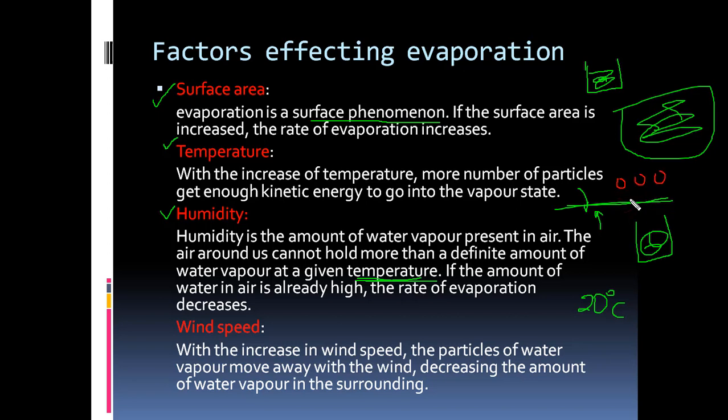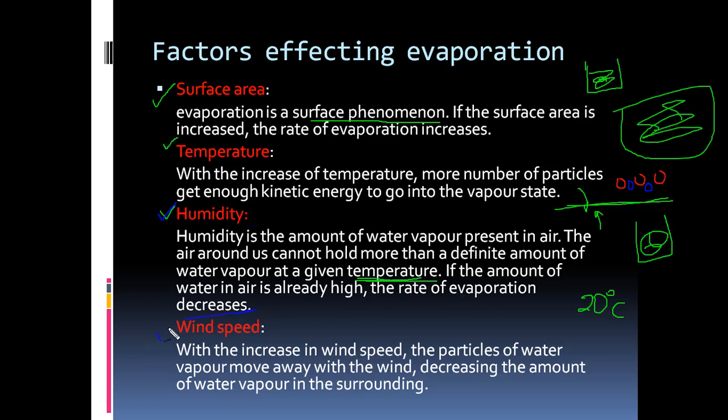When this water molecule is moving, it is occupying the space between the air molecules. But if a water molecule is already there within the air molecules, then how will the evaporation take place, is it not? So if the humidity, that means the amount of water vapor present in the air, is more, then the rate of evaporation decreases.